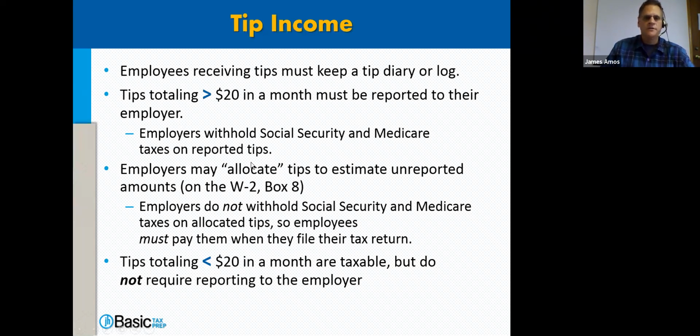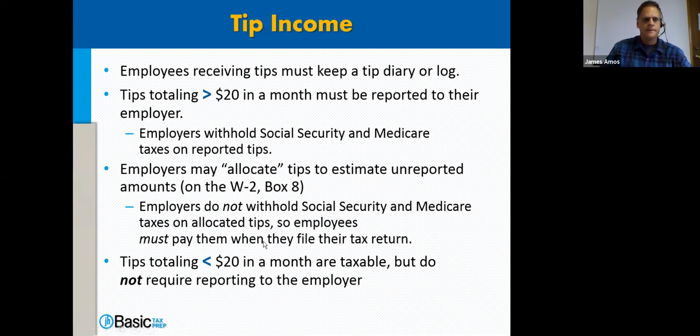Well, he might start doing allocated tips to estimate the amount that was not reported. That's reported in box 8 of the W-2. Employers do not withhold Social Security and Medicare tax on allocated tips. So the employer is not withholding it, and employees have to pay it at the time they file the tax return. In other words, for the amount that's in box 8, there's a special form that's filled out to calculate how much Social Security and Medicare you have to pay on that as well, in addition to your regular W-2 income.